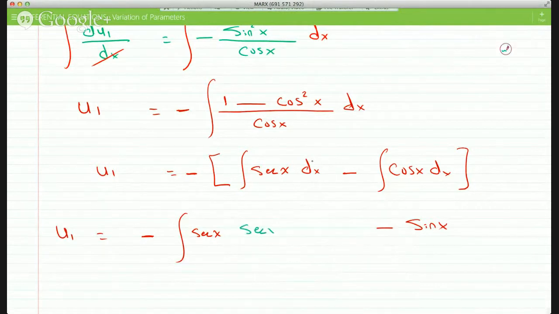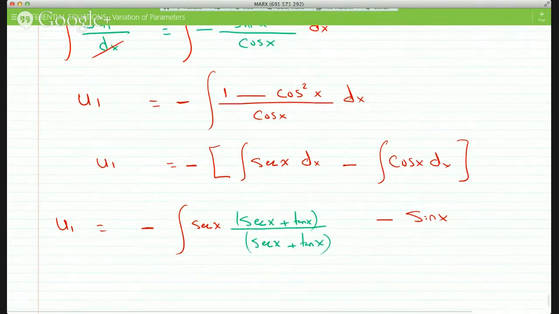So we multiply here by secant x plus tan x, and we multiply here by secant x plus tan x. Okay?